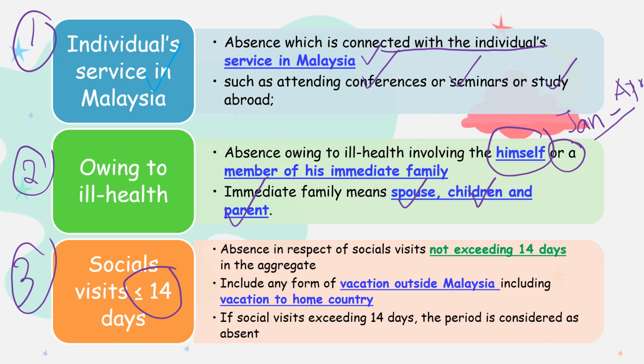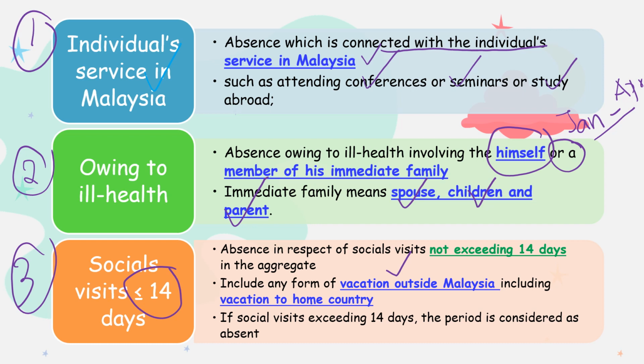Okay, so what is social visit? Social visit is, you go on vacation outside Malaysia. Let's say the taxpayer is from UK. So he went back to UK to visit his wife, his children, maybe to celebrate New Year, celebrate Christmas, something like that. You went back to your home country or go on vacation.